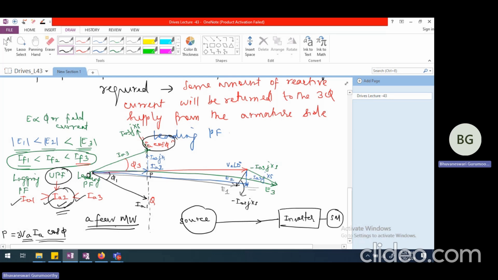In megawatt level, even 1% efficiency improvement will really impact how much energy is saved. That is one reason why synchronous motor drives are generally used for few megawatt or few tens of megawatt level motor drives, where we worry about the efficiency quite a bit.